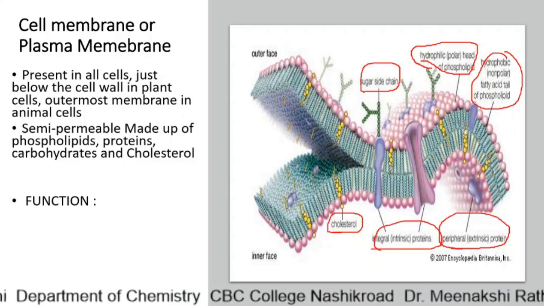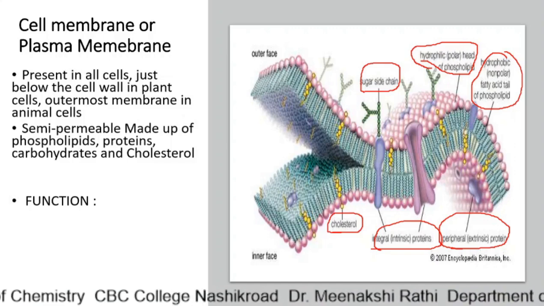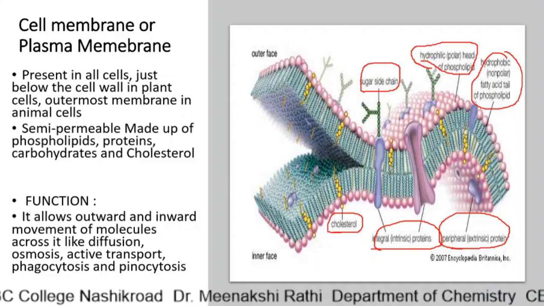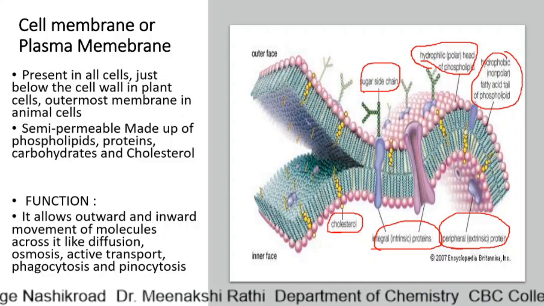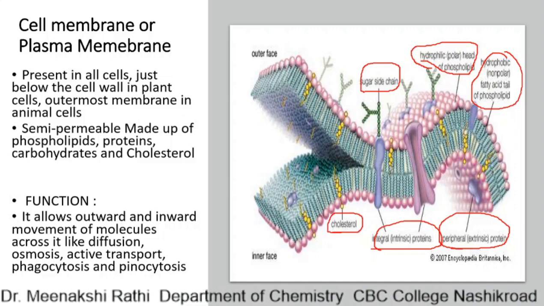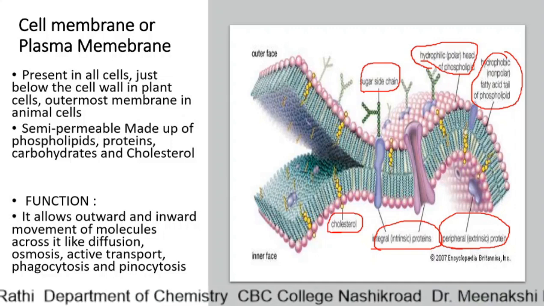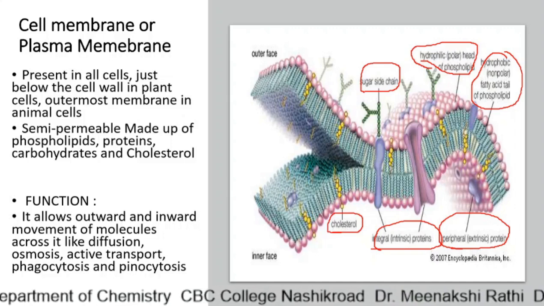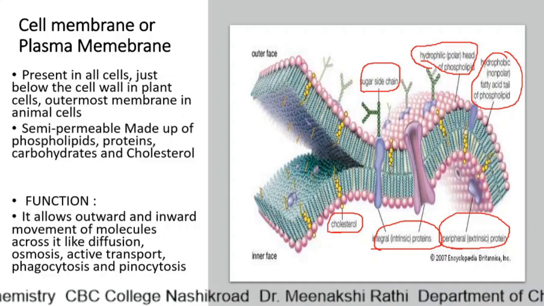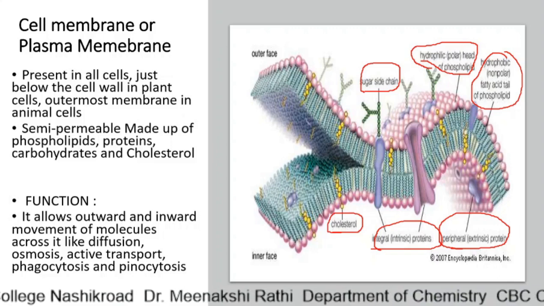Now the plasma lemma or plasma membrane performs many important functions. It regulates the passage in and out of the cell. It acts as a selectively permeable membrane. The cell wall is completely permeable, but the plasma membrane is semi-permeable, and it checks the entry of toxic elements from outside into the cytoplasm.